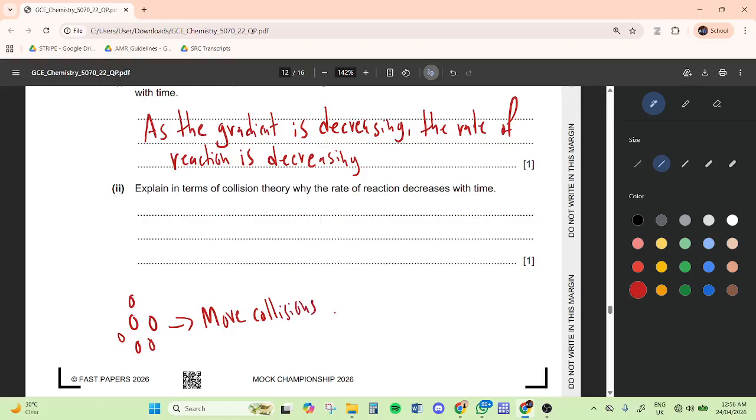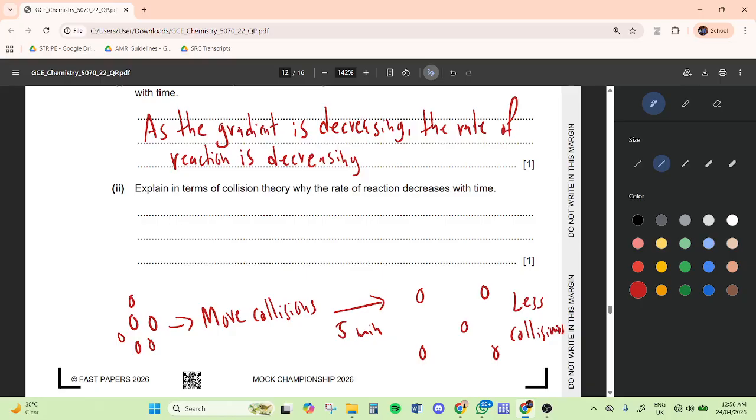However, after a period of time, let's say after 5 minutes, the particles are farther apart. Because they're farther apart, there are fewer collisions, fewer effective collisions, and you get a lowered rate of reaction.